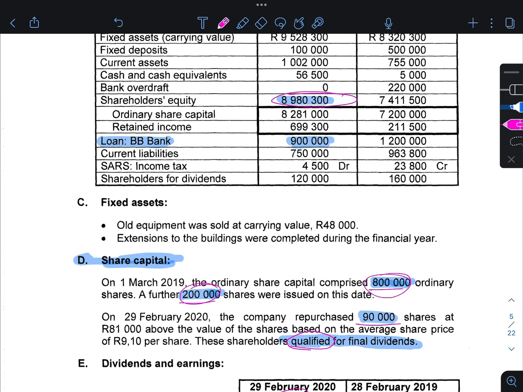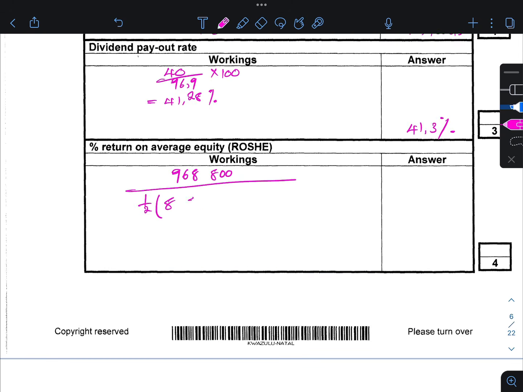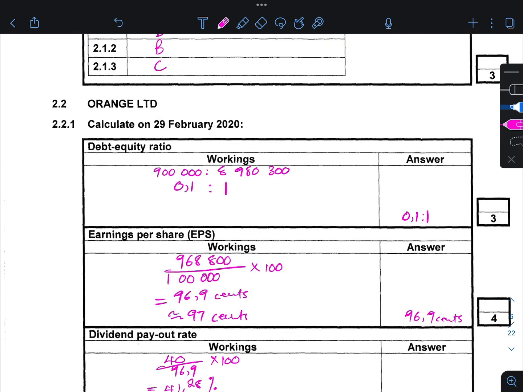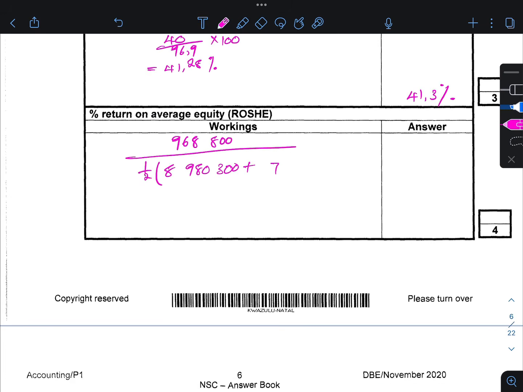You show this equity of 8,980,300 plus 7,411,500.